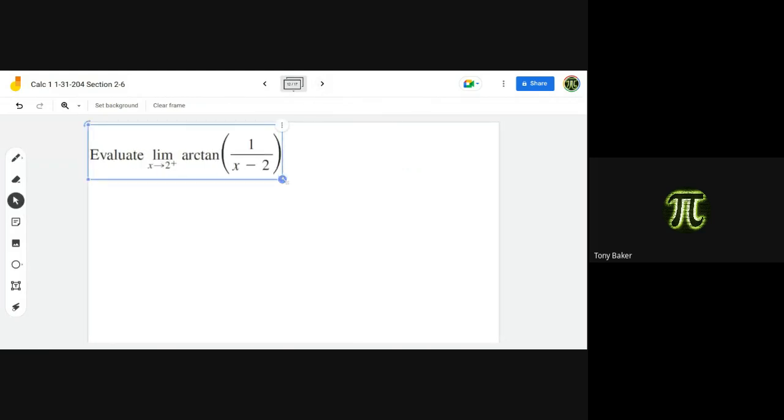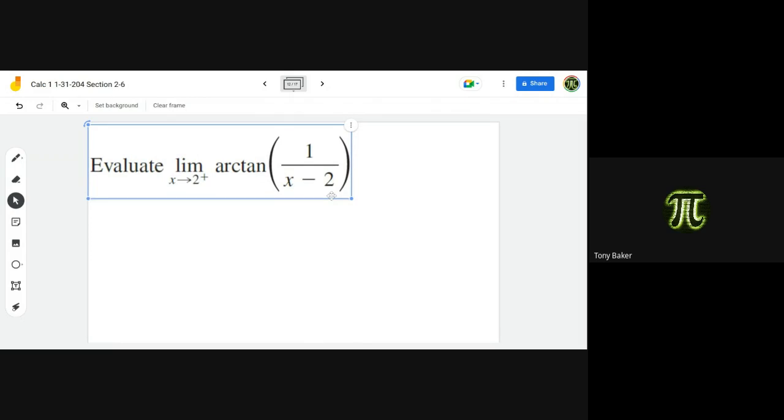All right, let's look at this one. This one's a little different. This one's not necessarily going to use the same type of ways that we were doing the other ones.